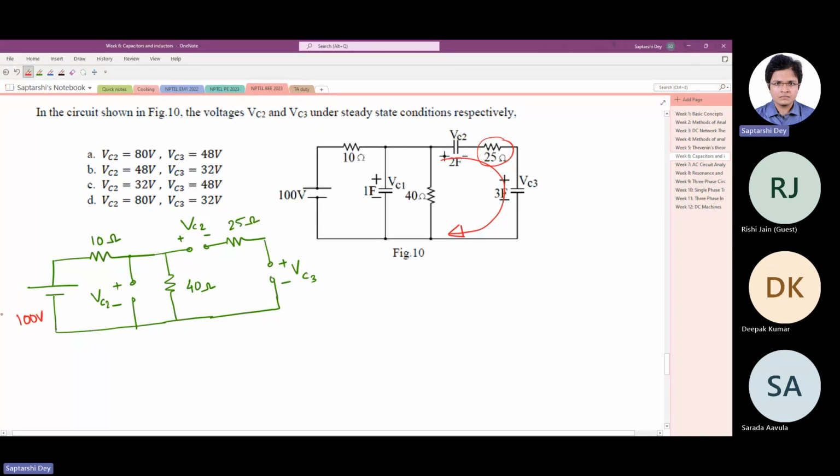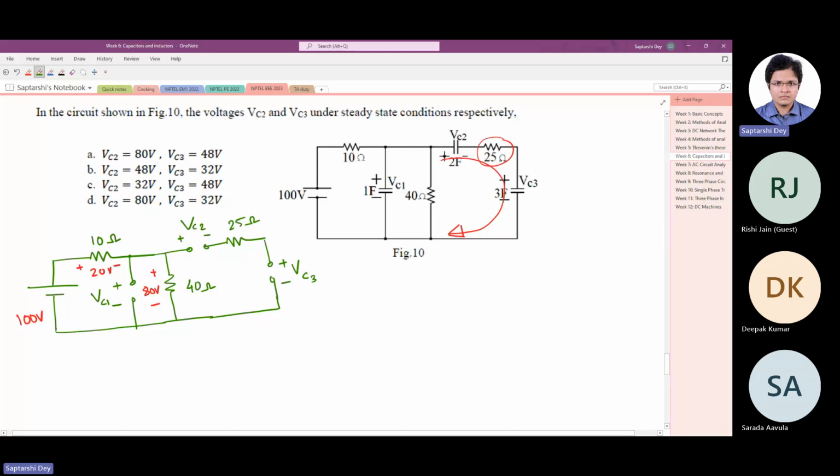So 100 volt gets divided into... Sorry, this is VC1. VC1 is 80 volt. This capacitor is holding 80 volt.